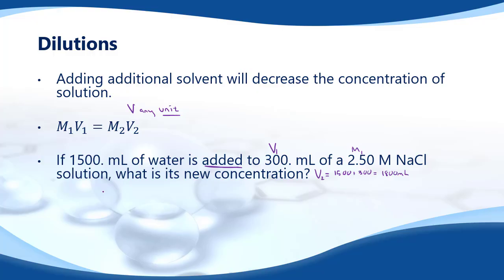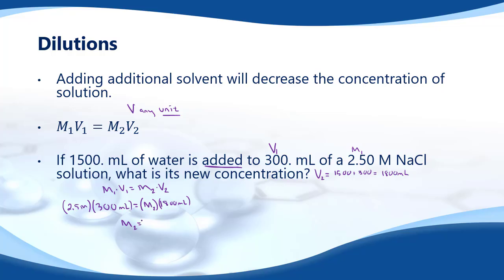So again, we plug in: M1 V1 equals M2 V2. 300 milliliters is our volume, our initial molarity, 2.5 molar, will equal M2, which we don't know, times V2, which is 1,800 mLs. We'll solve.